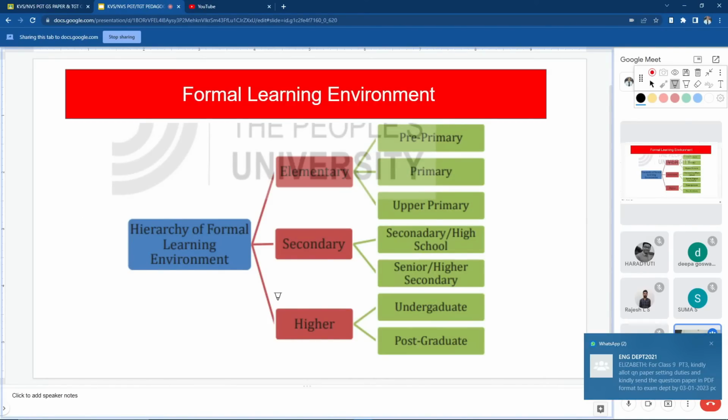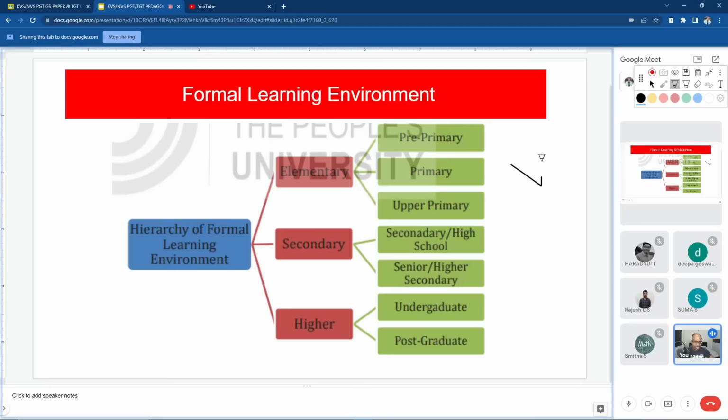This formal learning environment has a hierarchy. Now this will be changed because of the National Education Policy. Can anybody tell me what is the division of the hierarchy of the learning environment? 5 plus 3 plus 3 plus 4. First one is 5, foundation.